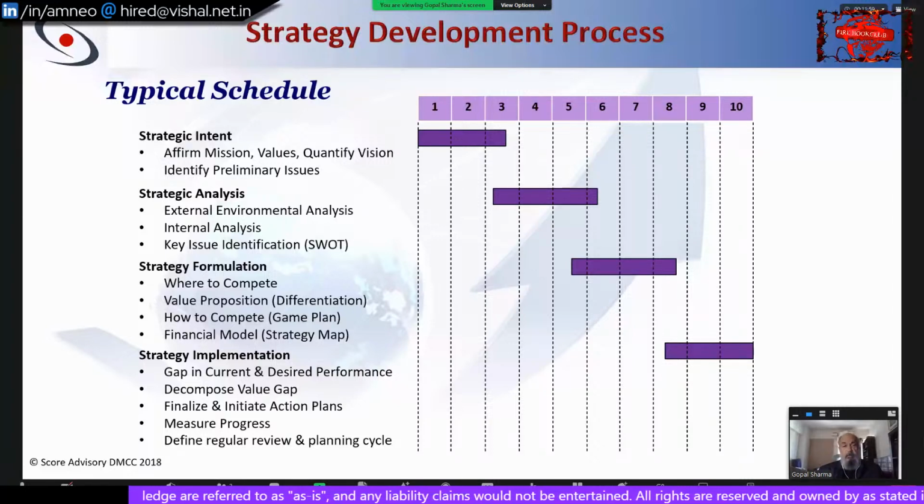And then you prepare a schedule. The key element of the schedule is that first you look at the strategic intent: why we are developing a strategy, what we are trying to achieve, what are our goals, right? So there you look at the mission, values, and quantifying the vision, that what you're going to achieve, and identifying the preliminary issues, because you do the analysis of the previous year's performance and then identify the gaps in performance, and then look at what were the main issues for, let's say, not up to the mark performance.